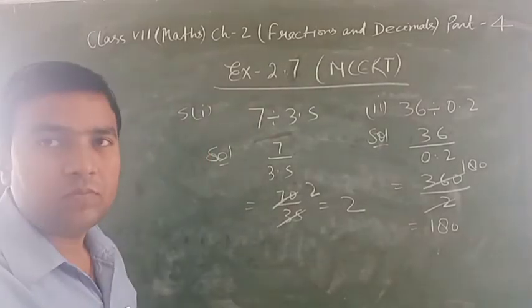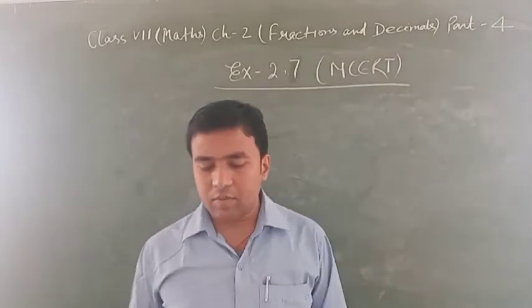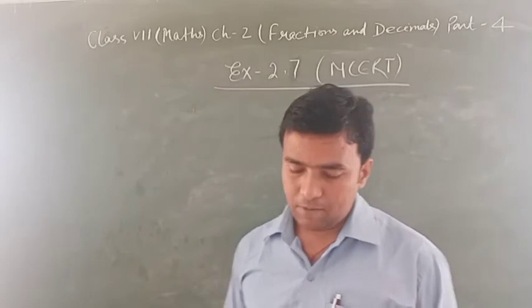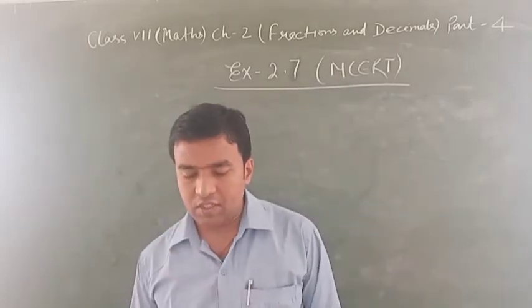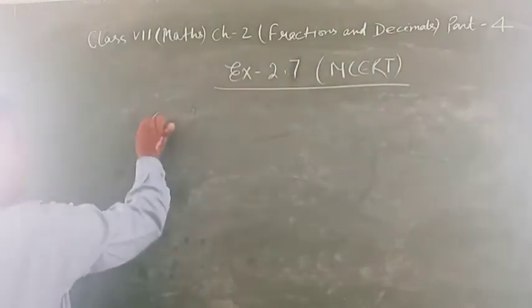Note down. Now the last, question number 6. A vehicle covers a distance of 43.2 km in 2.4 liters of petrol. How much distance will it cover in 1 liter of petrol? Clear?